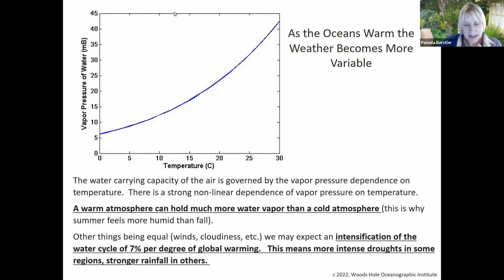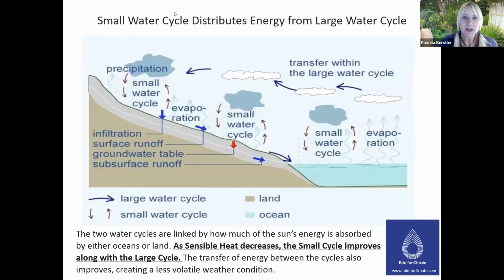And what we basically need to do is restore the small water cycle, because the small water cycle used to essentially take energy out of the large water cycle. Because we don't have the small water cycle doing its thing anymore, that reflected energy, that sensible heat, is going into driving the big water cycle.